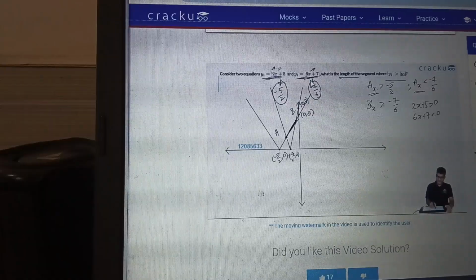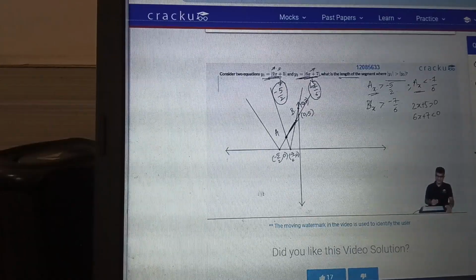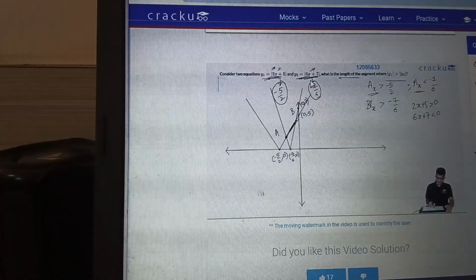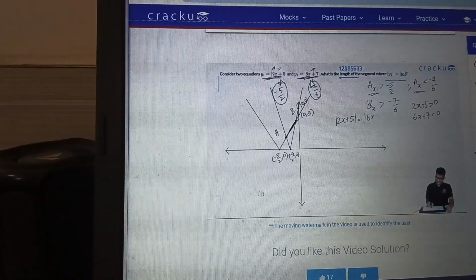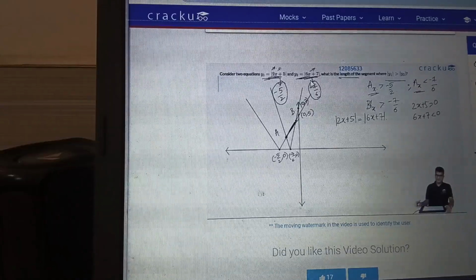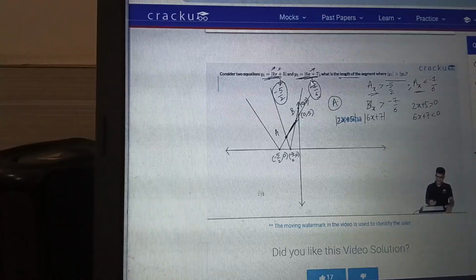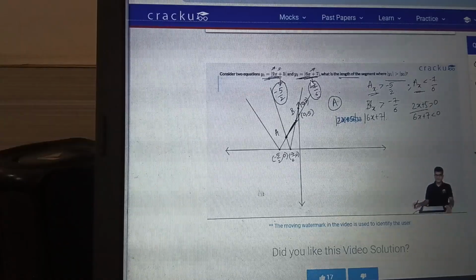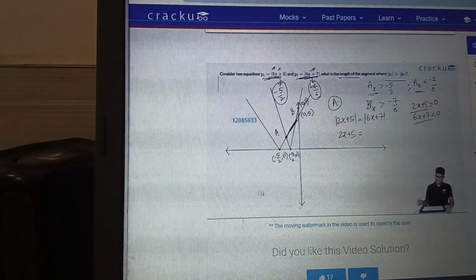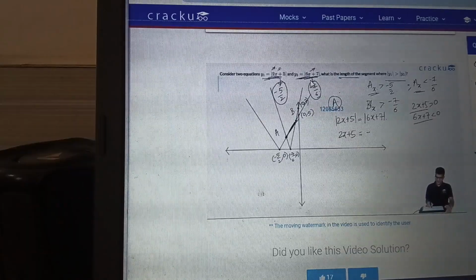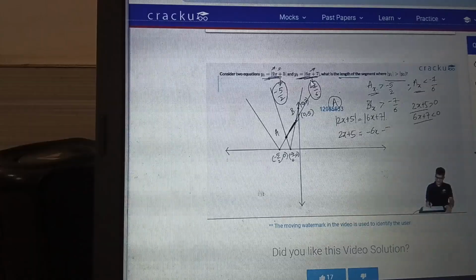Therefore, the coordinates where both the graphs intersect, the equation should be that modulus of 2x plus 5 is equal to modulus of 6x plus 7. This is for A. And in that case, we know that 2x plus 5 is greater than 0. So this is 2x plus 5 is equal to, and 6x plus 7 is less than 0, minus 6x minus 7.